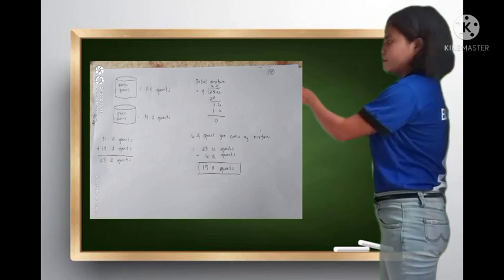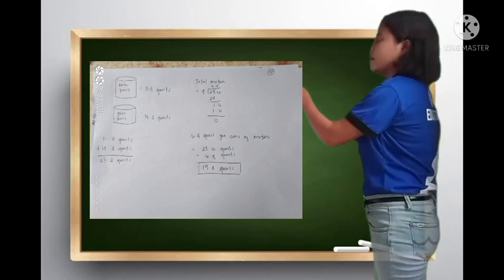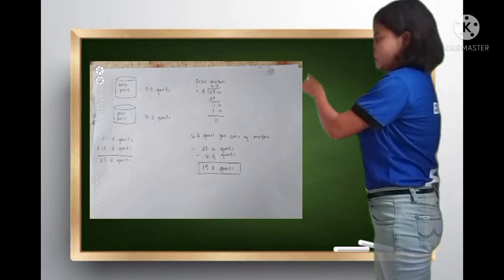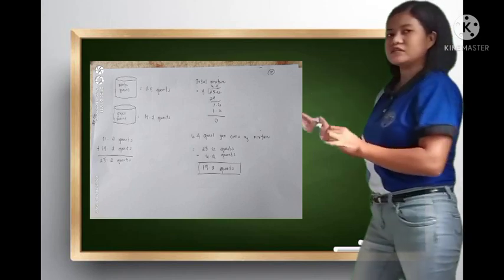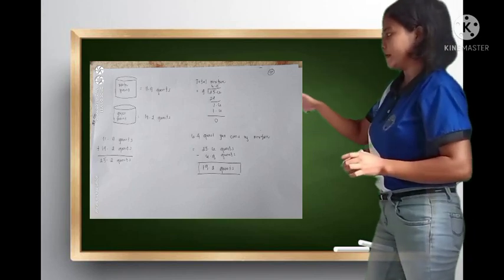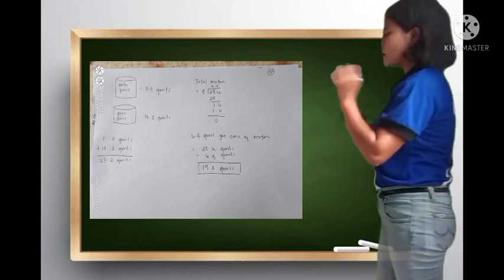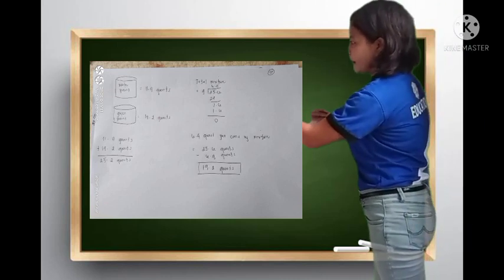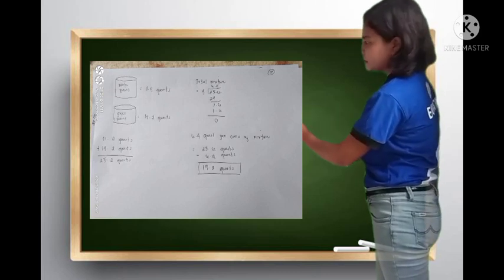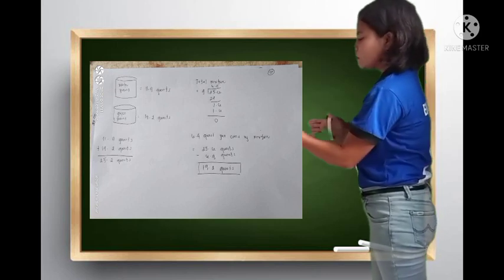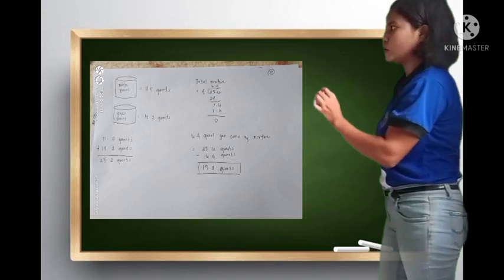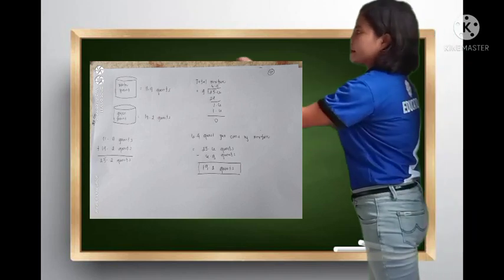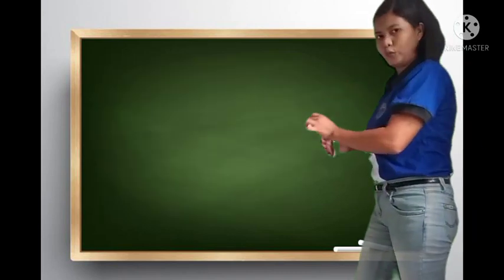So, ayan. 25.6 divided by 4 is equal to 6.4 quarts. So, ayan. Ang isang can is merong 6.4 per can. So, para makuha natin kung ilan pa yung natitira, yung total na quarts, 25.6 minus 6.4, ito, is equal to 19.2 quarts. That's why, ang natitira pang quarts is 19.2.